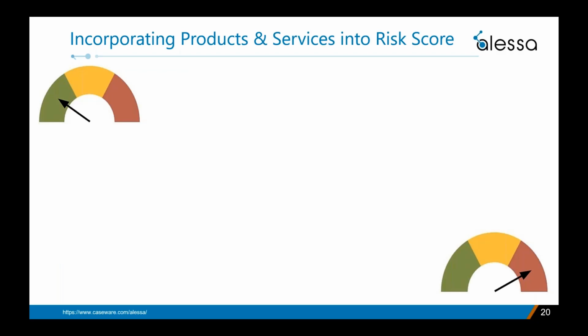So how would you incorporate products and services risks into your customer's risk score? Well, remember the risk score is comprised of the 3 categories of risk: customer characteristics, products, services, activities, and behaviors, and geographic risk. If you're using a point scoring model, I'd suggest you start like this. First, just do a complete inventory of every product your institution offers and every service.